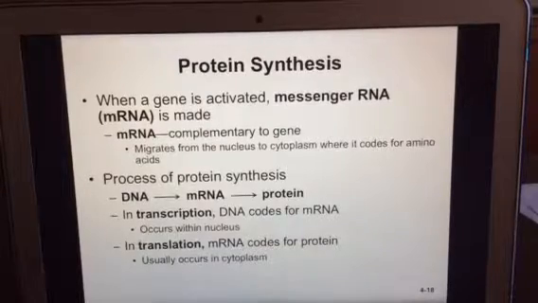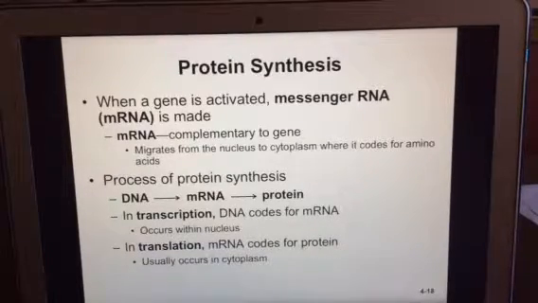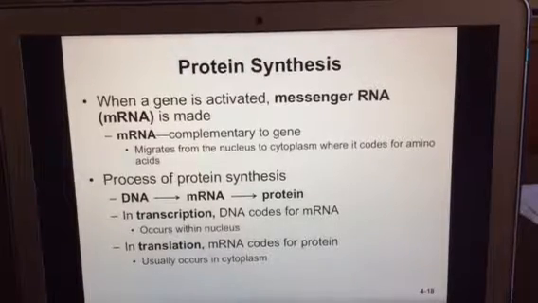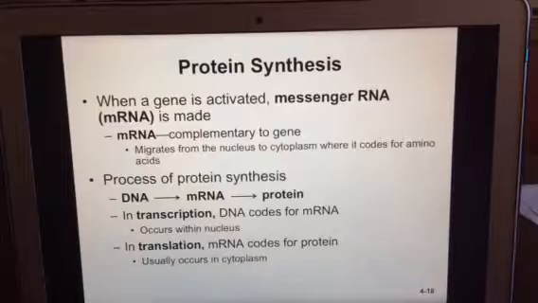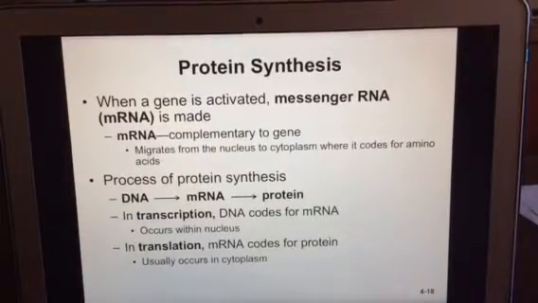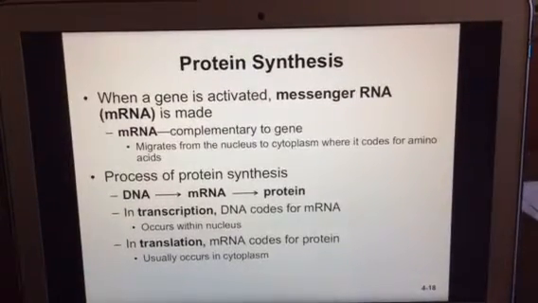I think that's the best way that you're going to be able to visualize this more than me talking about it. And then the second step is called translation, and that happens where the messenger RNA is actually coded for the protein. This happens at the ribosome in the cytoplasm, and that's where the amino acids are actually joined together. So there's really only 2 steps: transcription and translation.